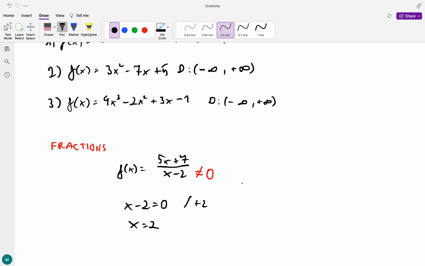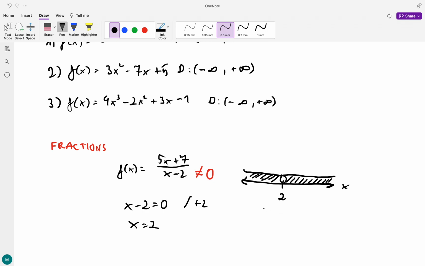So when we draw a number line that represents all possible x values, we are going to label positive 2 and basically say, hey, our function can include all of the numbers less than positive 2 and greater than positive 2, excluding number 2.